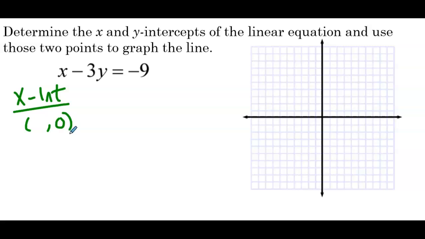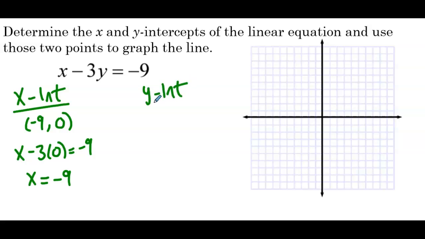We can substitute 0 in for y into our equation. So x minus 3 times 0 equals -9. 3 times 0 is 0, so we have x minus 0, which is just x, equals -9. So our x-intercept is the point -9, 0.